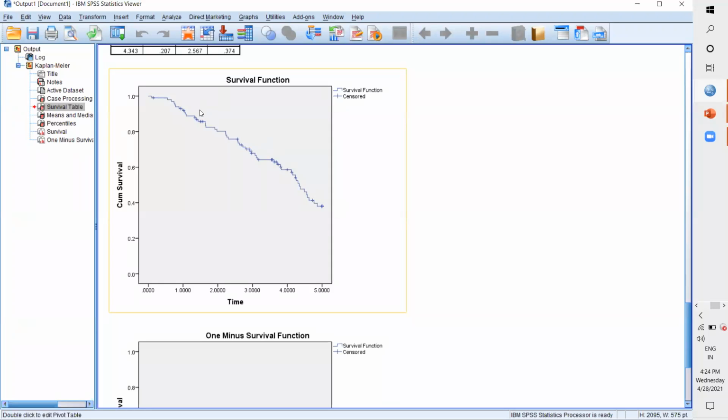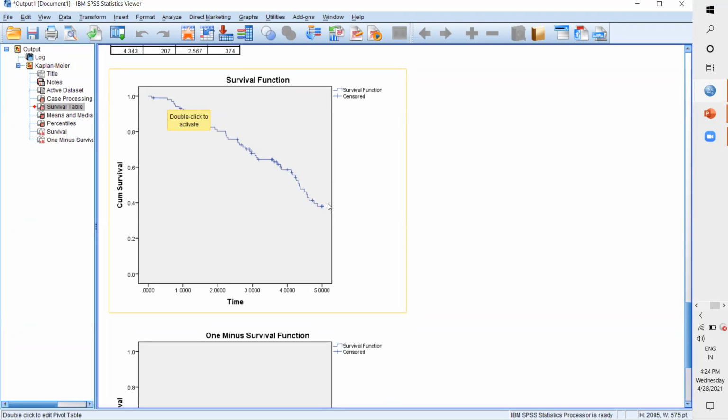Just like I told you before, here the steps are very shallow, and when you move on here, the individual steps are really larger than the ones you see here.